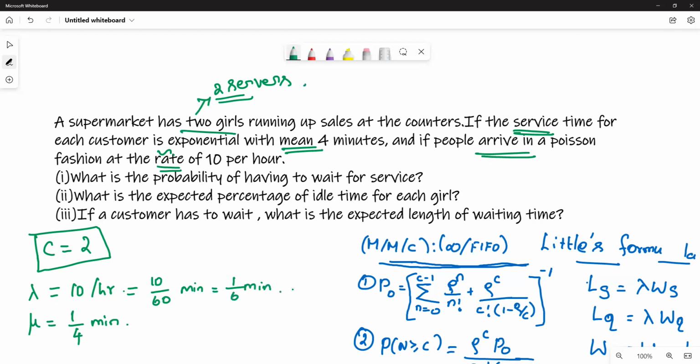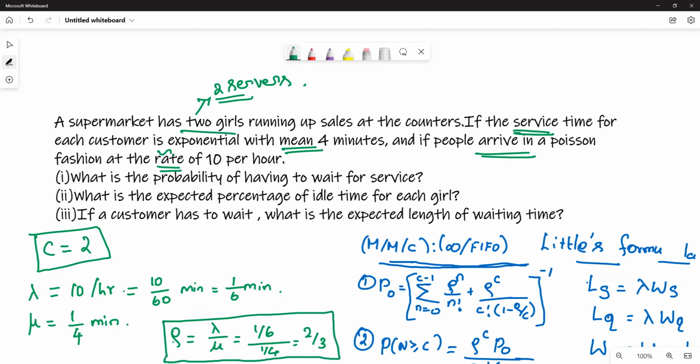So lambda is 1 by 6 and mu is 1 by 4. Once we have identified lambda and mu, the next task is to find rho. Rho is nothing but lambda by mu, that is 1 by 6 divided by 1 by 4. Simplifying, we'll get rho as 2 by 3, which we'll be using in all the formulas.